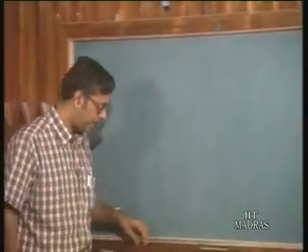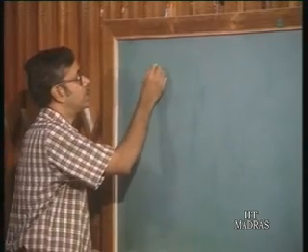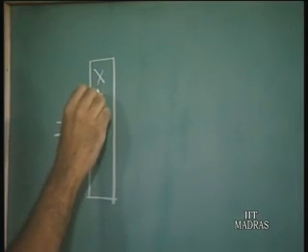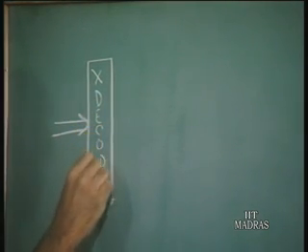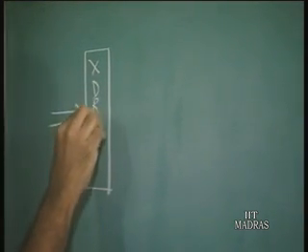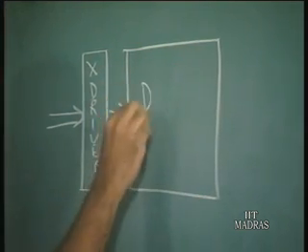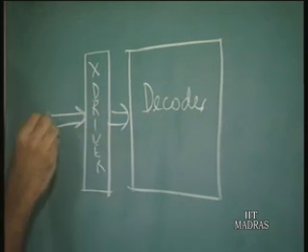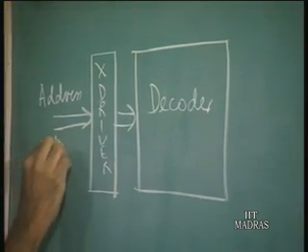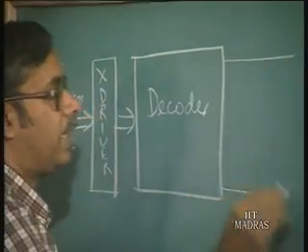So, continuing on that, CMOS memory would consist of the address inputs here, the X decoder, you have the driver, decoder, so these are the X address inputs, and from the output of the decoder you have a number of lines.